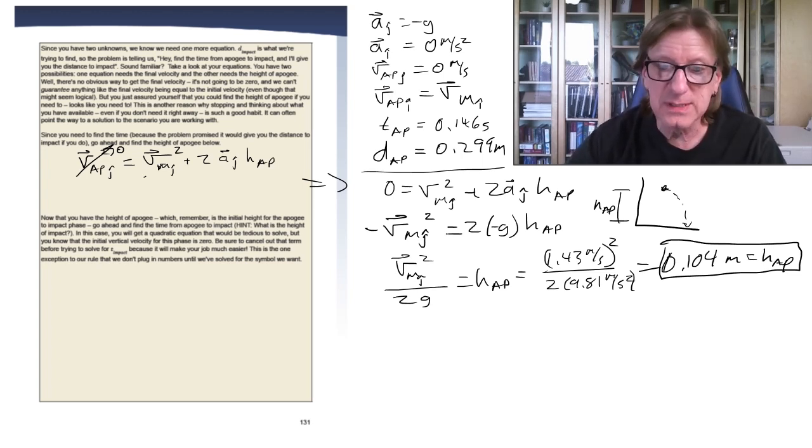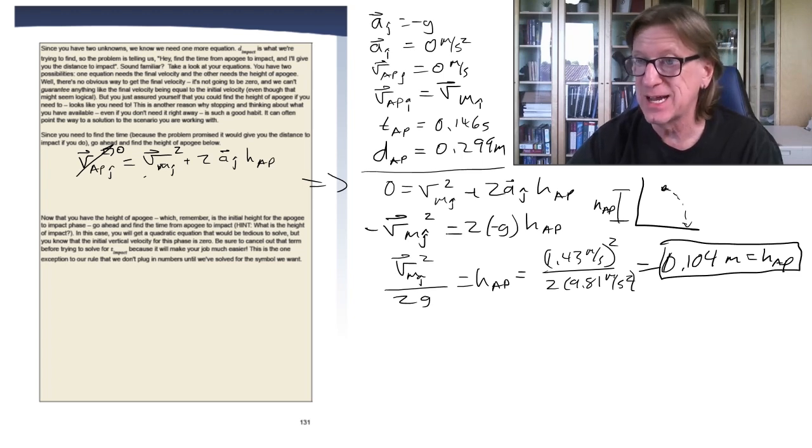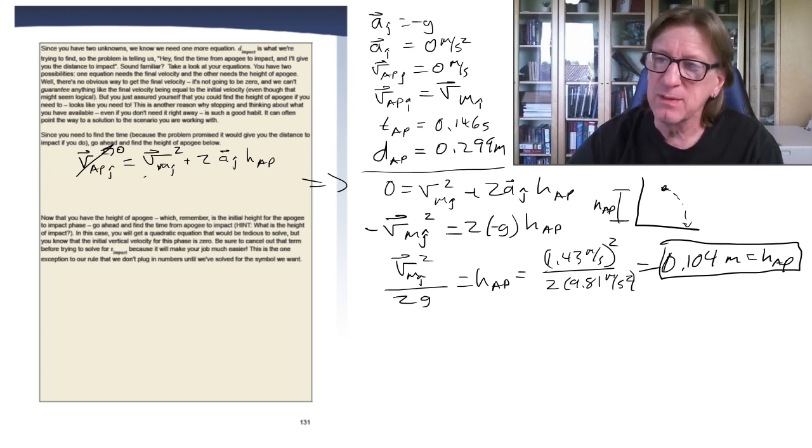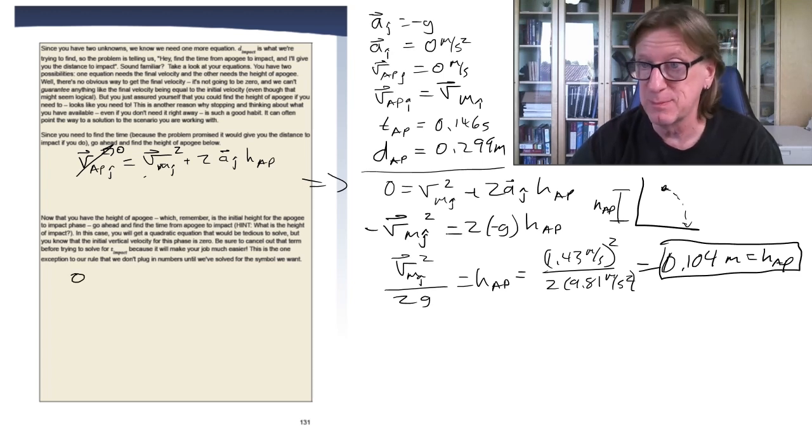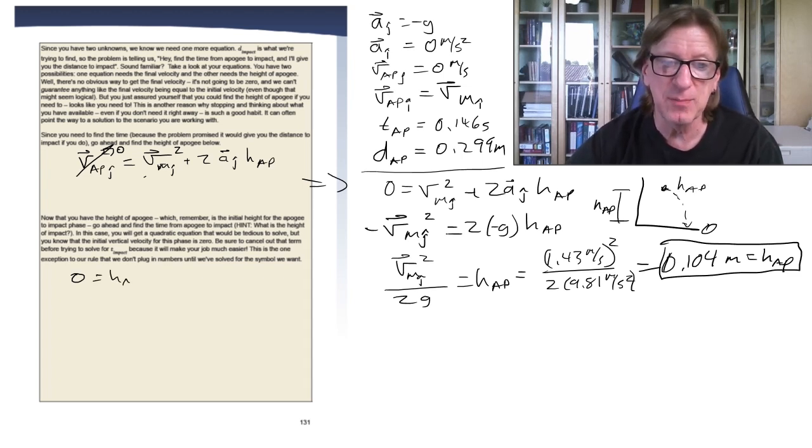So we decided that we were going to use our distance versus time. Now that we've figured out our distance here, we can use that to find the time to impact, which should be the same, we hope. So we remind ourselves that my final height here is 0. I'm hitting the ground here, so this is 0. This is h-ap, so my initial height is h-ap.